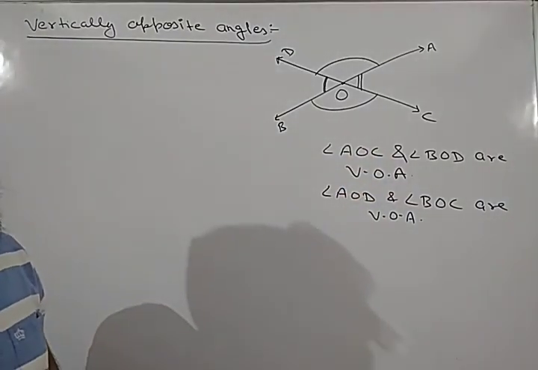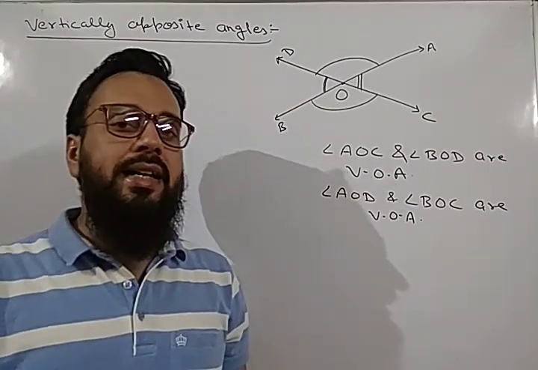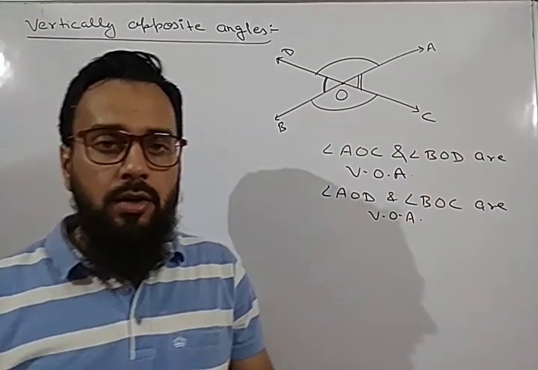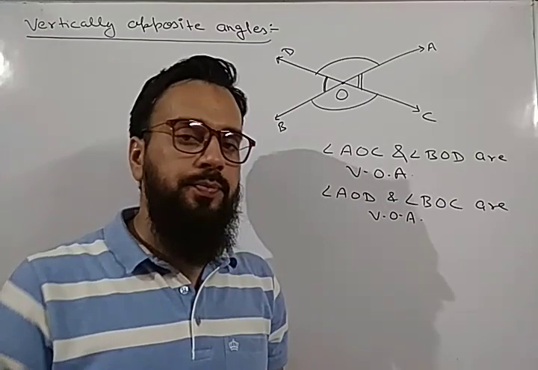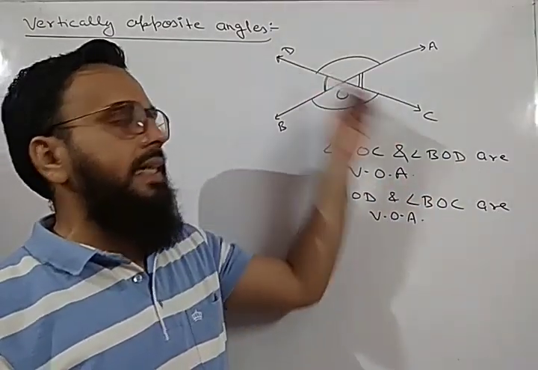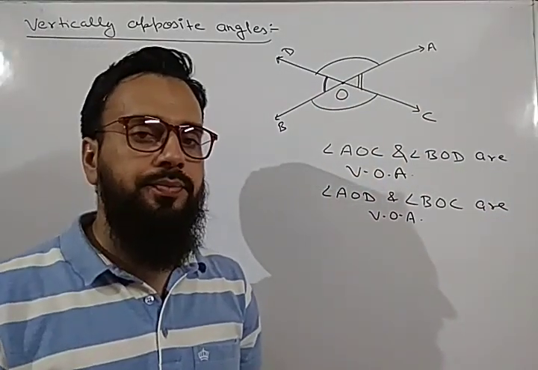Vertically opposite angles are formed only when two rays or two lines intersect each other, and they must be straight. Clear? If AB and CD are rays, or lines, they will form vertically opposite angles.